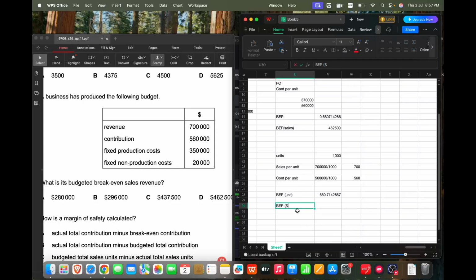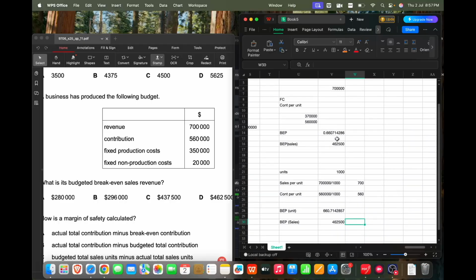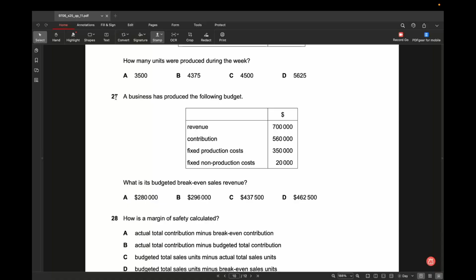BEP sales is break-even unit into selling price, and that will give you 462,500, same as the first one. So whichever is easier for you to understand, you can do that. So for 27, correct answer is D.